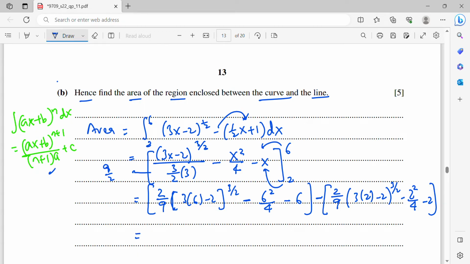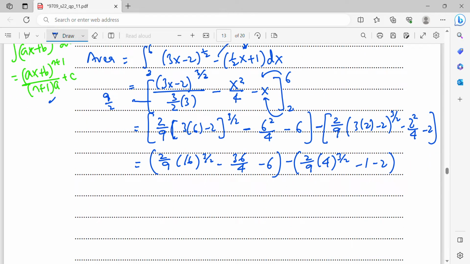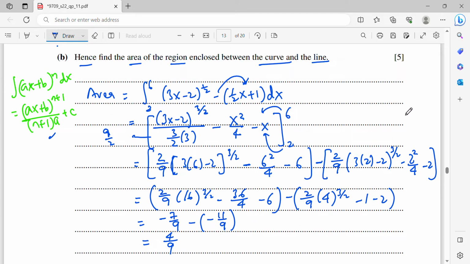Okay, so when you calculate this, it will be 2 over 9, 16 to the power of 3 over 2, minus 36 over 4, then minus 6, then minus, this is going to be 2 over 9, bracket 4 to the power of 3 over 2, 2 squared over 4 is 1, then minus 2. Okay, so here you will get negative 7 over 9 minus negative 11 over 9. So at last, you will be getting 4 over 9. So this will be the area under the curve.